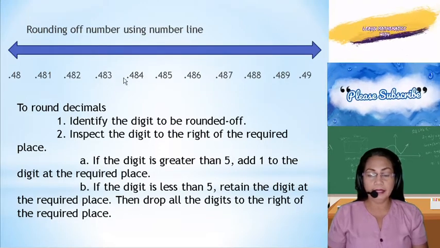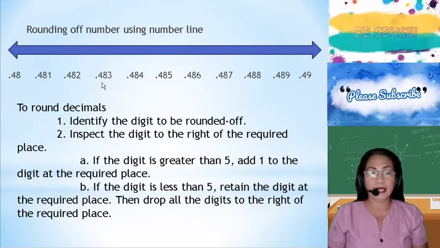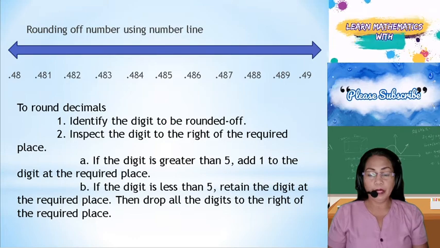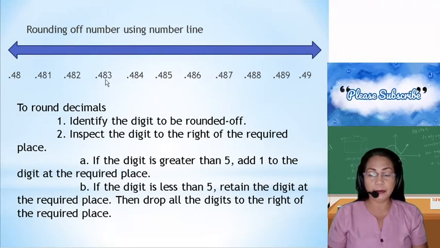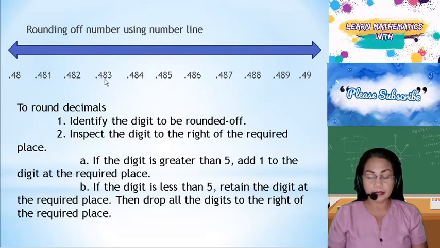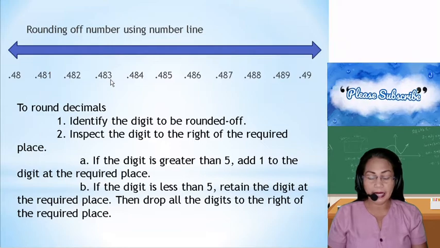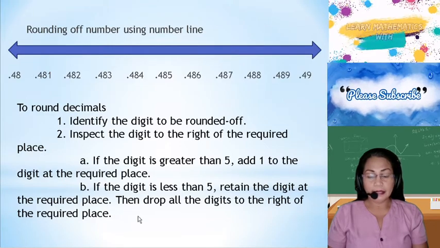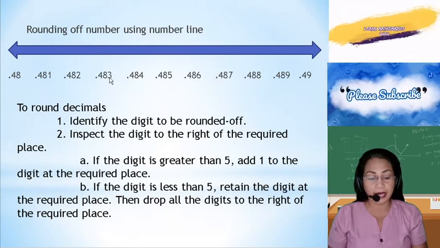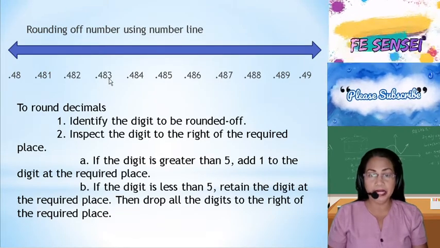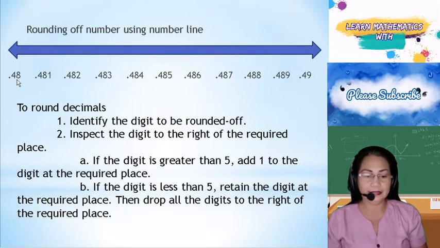Let's take a look at 483 thousandths. The number to be rounded is 8. Then the number to the right is 3. It's letter B, less than 5, because 3 is less than 5. Therefore, round down. So the number is 48 hundredths.